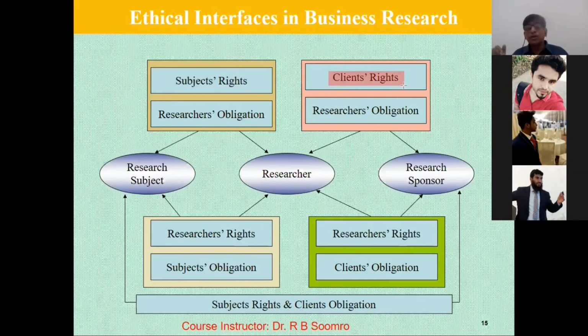For example, if ABC company gives you a research task to work on, then company ABC is a client for you, your customer, and you are the researcher. Subject rights are there. Researcher obligations are also there.